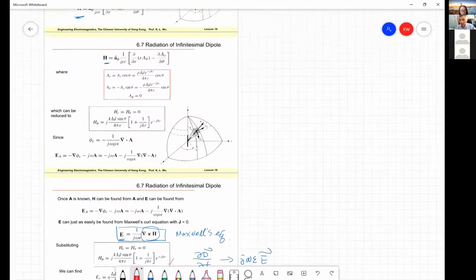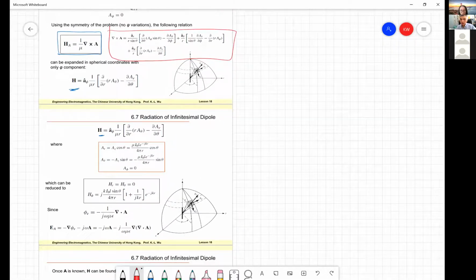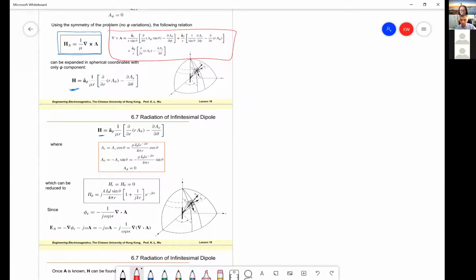And I left only one problem last week as an assignment and asked you to practice finding the electrical field using the scalar potential function. This is another way we can find the electrical field. So we find the vector potential A, then we use this relation we call the Lorentz condition.